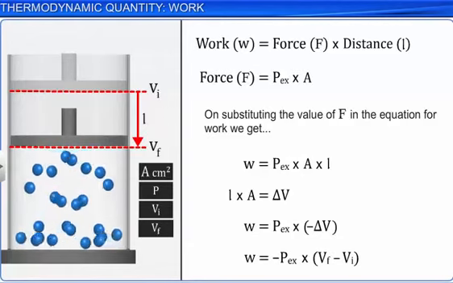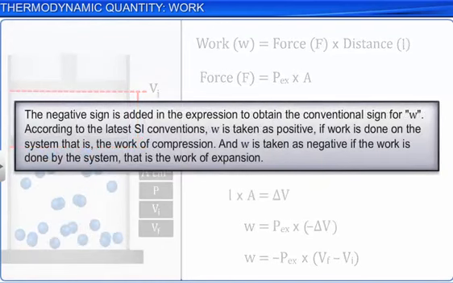The negative sign is added in the expression to obtain the conventional sign for W. According to the latest SI conventions, W is taken as positive if work is done on the system, that is, the work of compression, and W is taken as negative if the work is done by the system, that is, the work of expansion.